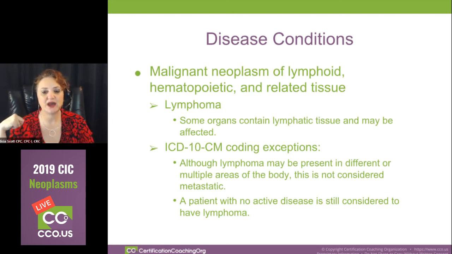So if you have lymphoma in different or multiple areas, this is not considered metastatic, because it's one organ that goes throughout the whole body. But if you have a patient that has no active disease, it can still be considered to have lymphoma, okay? Because they really can't tell if it's out there or not.